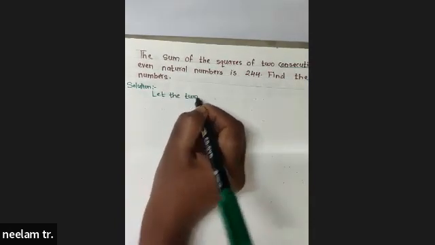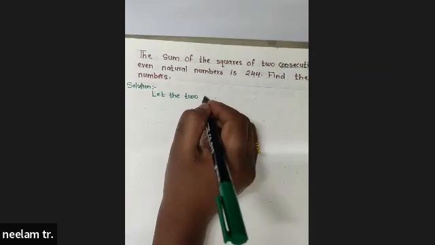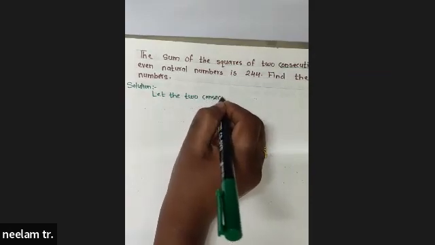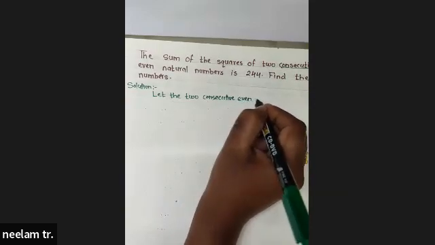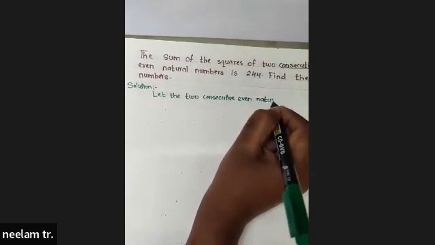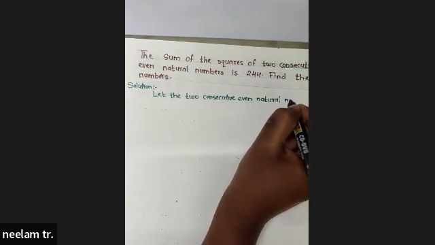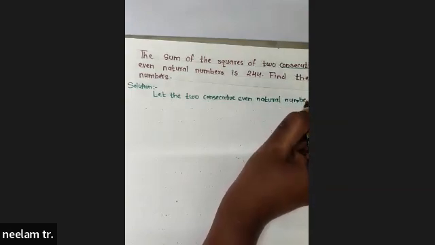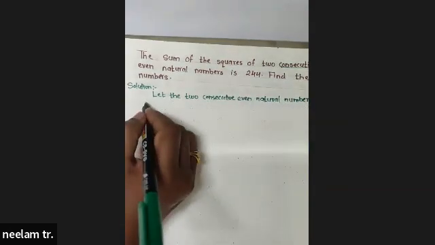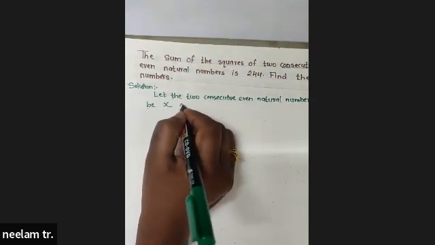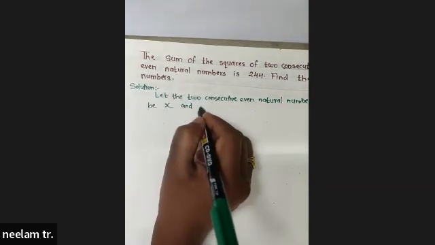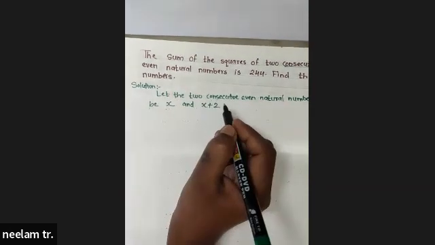Let the two consecutive even natural numbers be x, and the second will be even, so we take x plus 2.